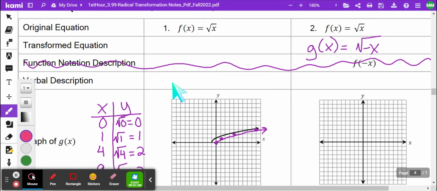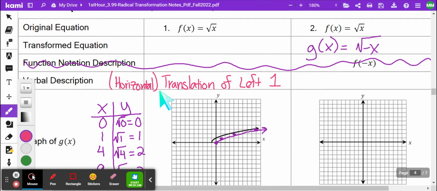So we have a translation of left 1. If you were to use your table, it would have said a horizontal translation of left 1.